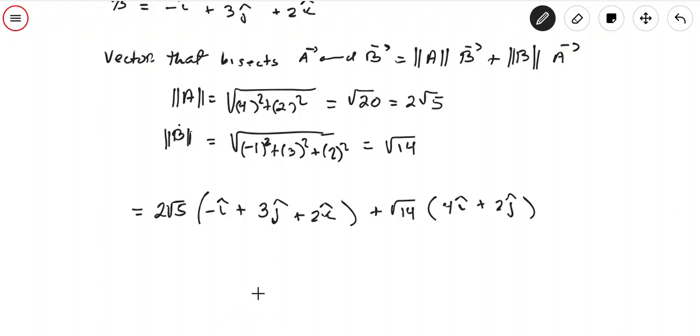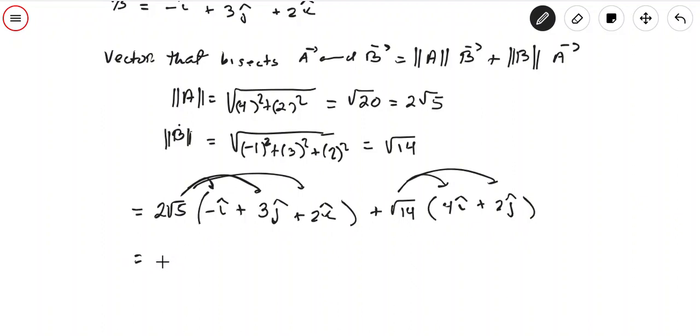If I evaluate these square roots and multiply, using the distributive property, each component by the scalar, let me multiply first.